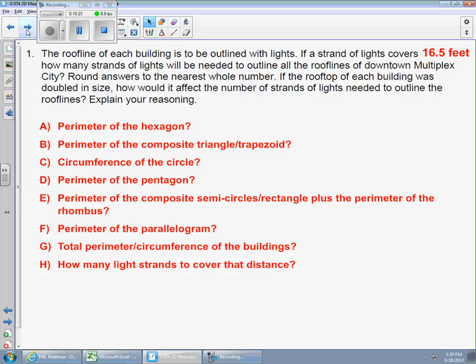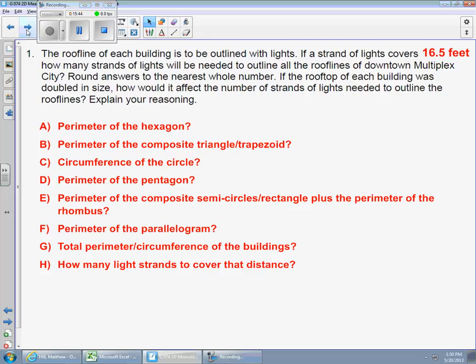First of all, these first 6, these are the different perimeters. So on A, one of the things you're going to have to do is determine the perimeter of that hexagon. Shouldn't be that bad because they did give us a side length and they told us it was regular. So that's going to be pretty easy to come up with.